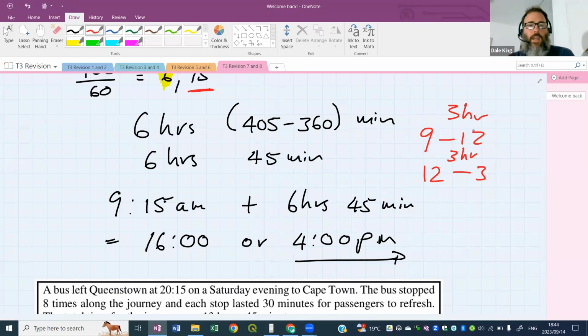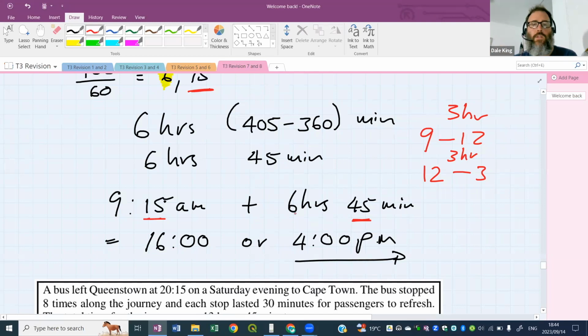But now we've got to take care of the minutes. So now we look at the minutes and we're saying we've got 15 minutes to start with, and we had another 45 onto that. 15 and 45 makes another hour, doesn't it? Yes. So instead of 3 p.m., we've got to move up another hour.